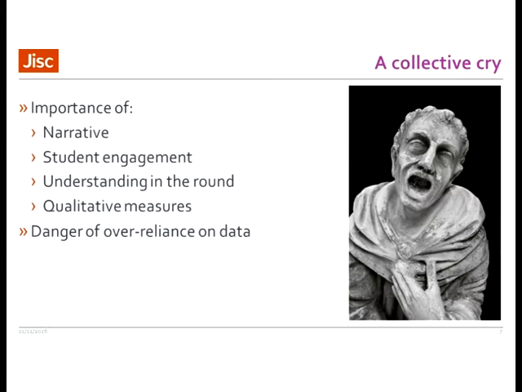It's making data-informed decisions, drawing on other sources, understanding the narrative, understanding how this fits with the broader student experience, making sure you use qualitative measures as well, and not over-relying on data, or using the existence of a data-driven argument almost as an excuse not to explore other aspects of provision or of the support that students might need, or other arguments for the way things should be.